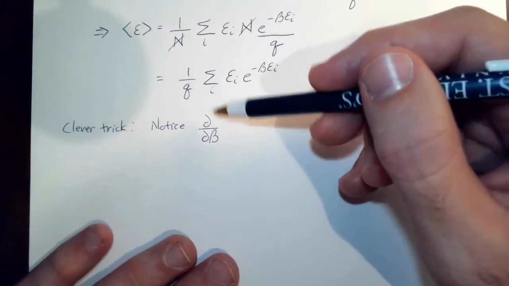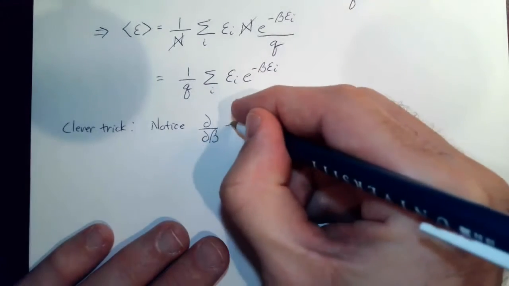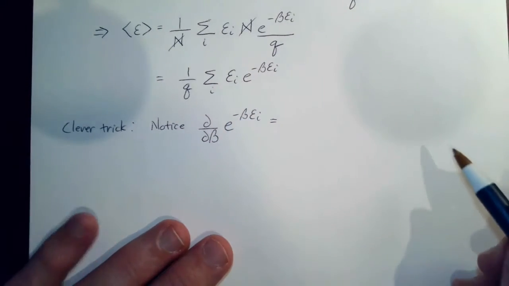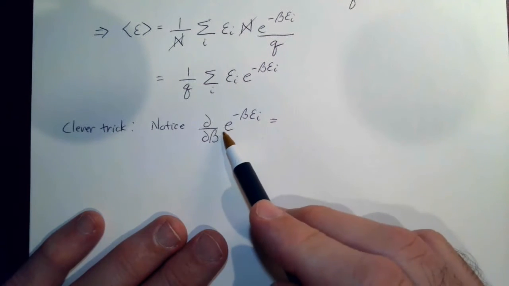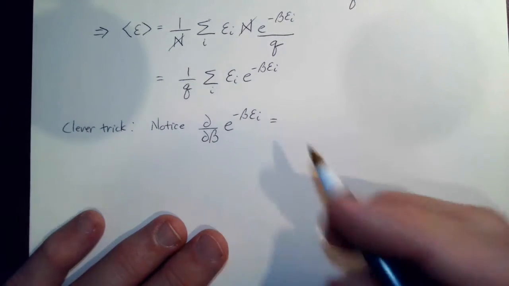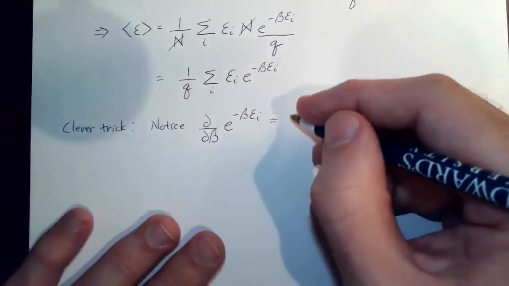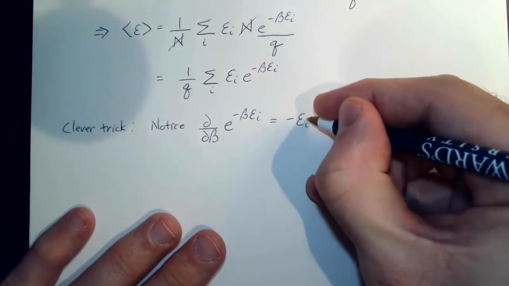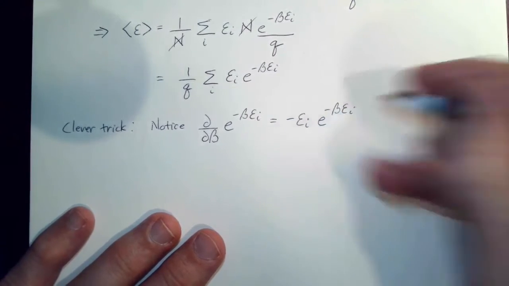So if I take the derivative with respect to beta of this quantity here, e to the minus beta epsilon I, what do I get? Well, I'm going to pull down a negative epsilon I because of the chain rule, and otherwise this exponential will be left alone because the derivative of an exponential is the exponential again. So I get a negative epsilon I times e to the minus beta epsilon I.